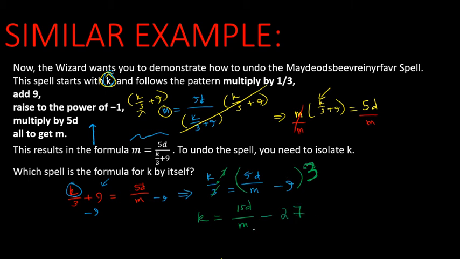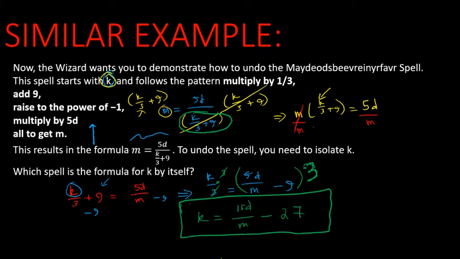So to isolate k, I first got rid of that ugly denominator. I moved it through multiplication, and I got my k to the left-hand side of the equation. I divided by m, I subtracted 9, I multiplied by 3. So I get k equals 15d over m minus 27 as my isolation of k.